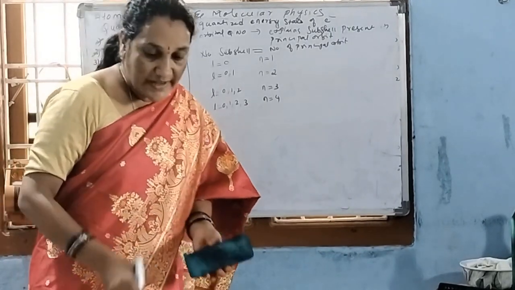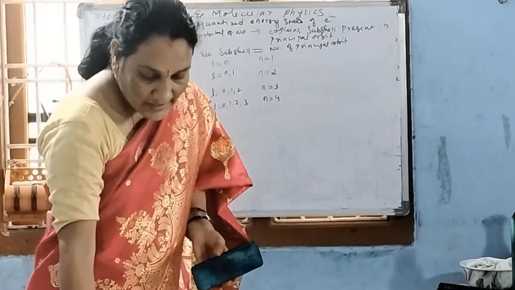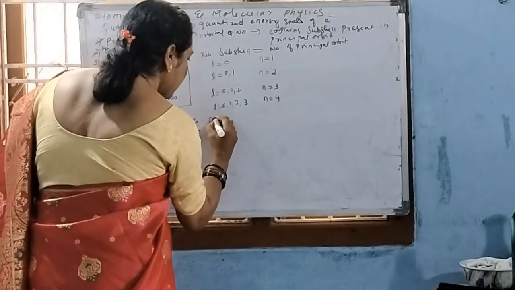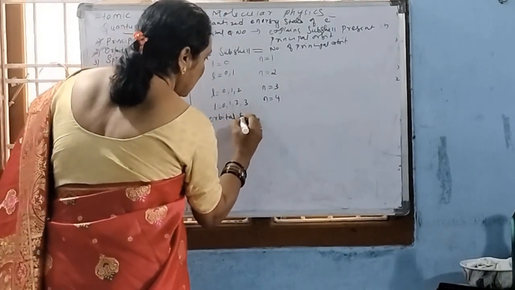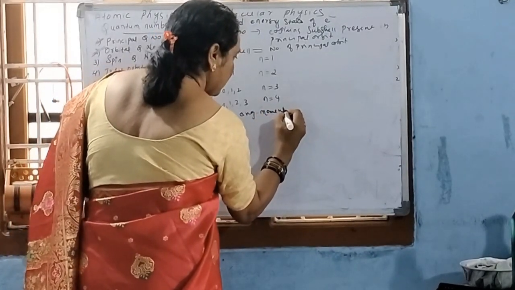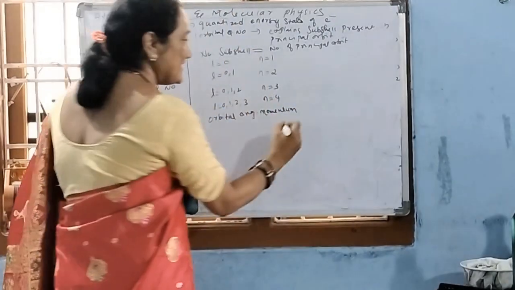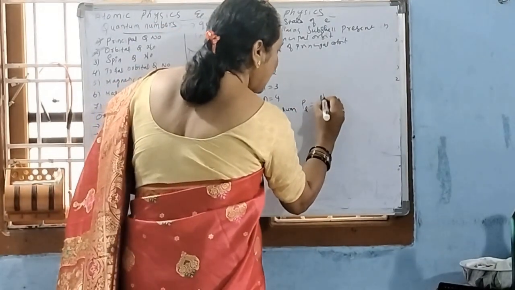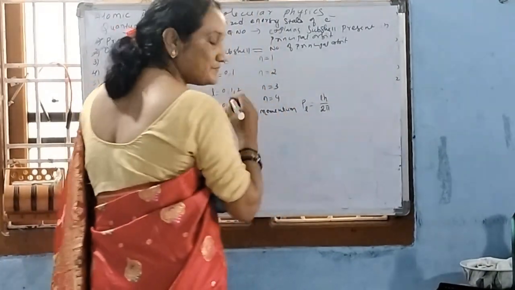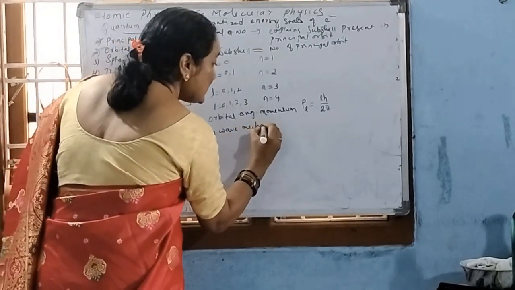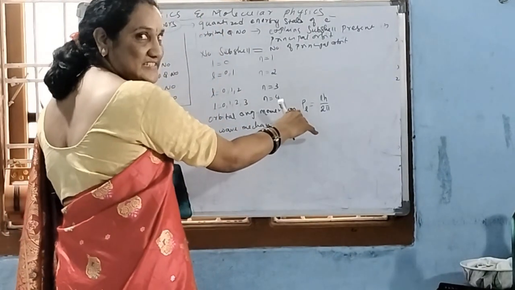Now, next step, the orbital angular momentum is written as p_L equal to L h by 2 pi, as per classical mechanics.